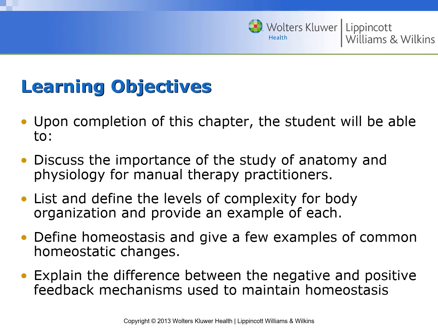The student will be able to list and define the levels of complexity for body organization and provide an example of each. We will define homeostasis and give a few examples of common homeostatic changes. We will explain the difference between the negative and positive feedback mechanisms used to maintain homeostasis.